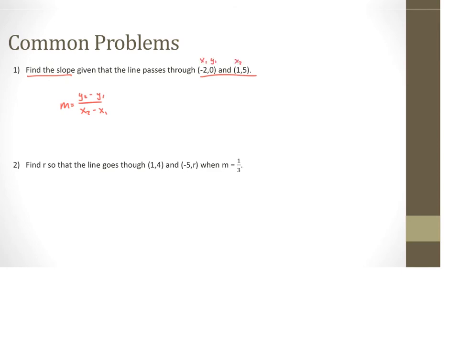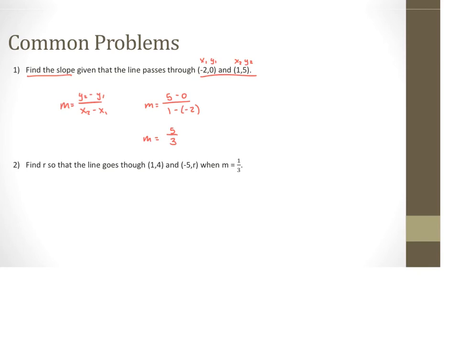Any trick I can do to reduce my math errors are my favorite. And now that I have everything labeled, I'm going to plug them straight in. So I have m is equal to 5 minus 0 over 1 minus a negative 2. Okay, this is actually simple, so we'll go ahead and finish solving. So m is equal to 5 over 3. And that's my slope for this graph.